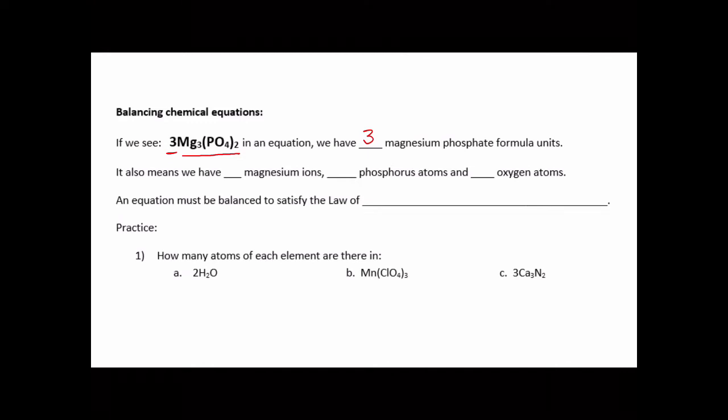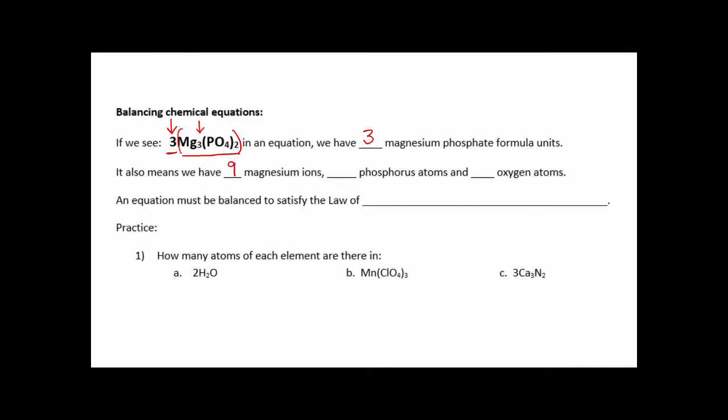And so what does that mean about magnesium ions? Well, if I have 3 of this entire thing, like if you can just imagine parentheses around the whole thing, and in each 1 unit of magnesium phosphate I have 3 magnesiums, I would just multiply my subscript 3 by my coefficient 3, and that would tell me that I have 9 magnesium ions.